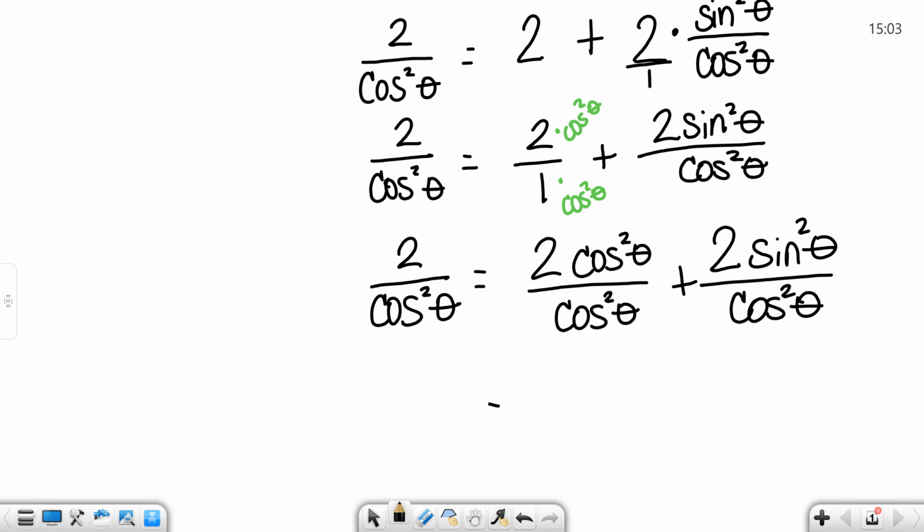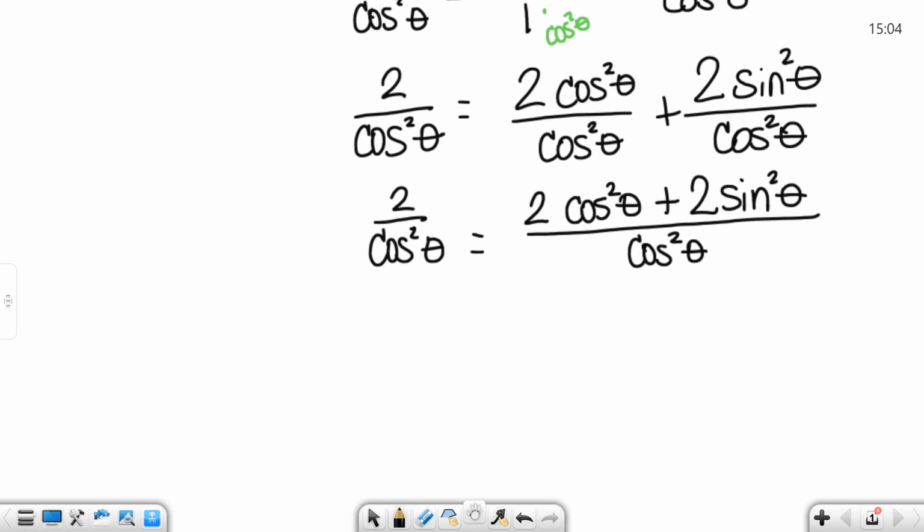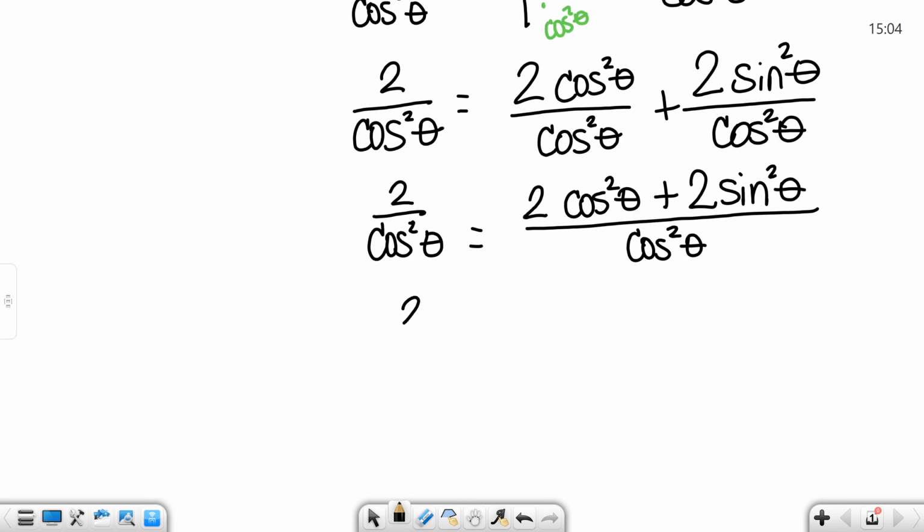Now that my denominators are the same on the right-hand side, I can add my numerators and put it over the one denominator. Still not changing the left-hand side, leaving it alone.